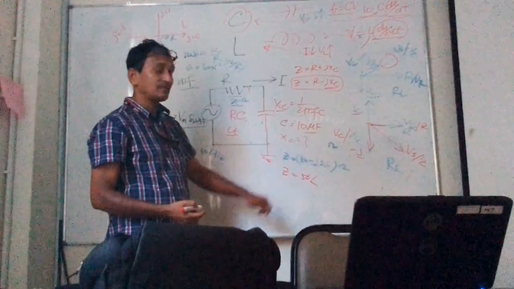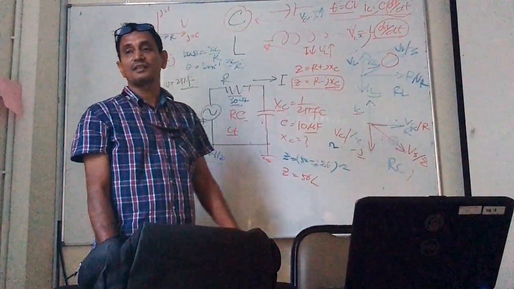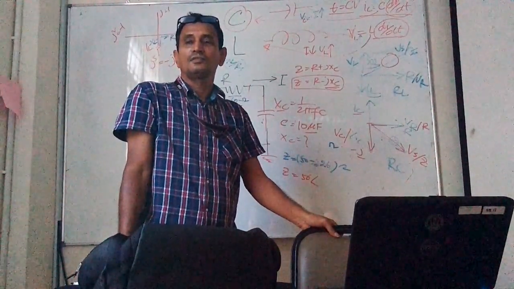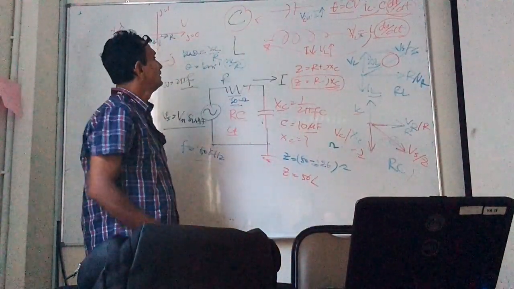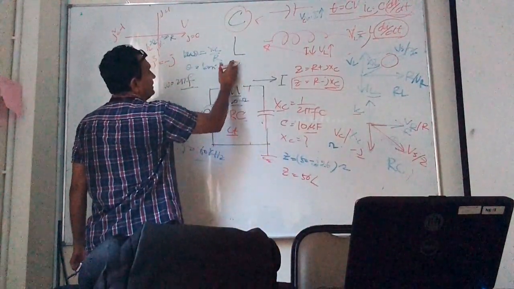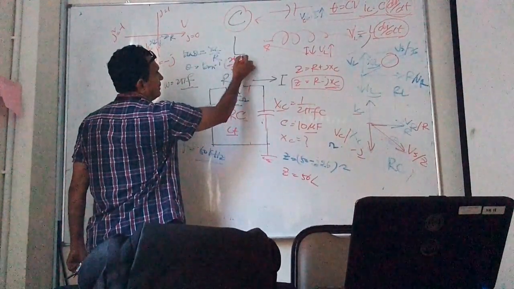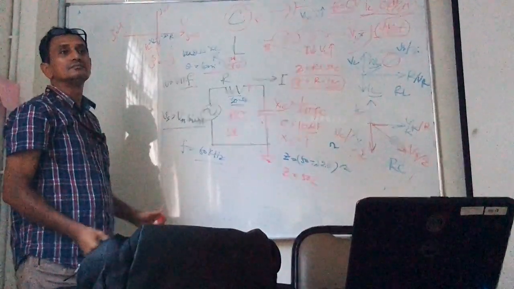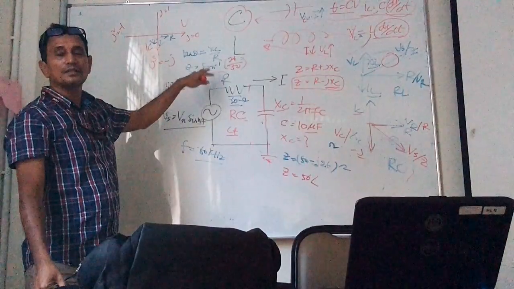So how much is that? 26 divided by 50, tan inverse. It should be around 45 degrees or 40 degrees or something. See that tan inverse, here should be 26, here should be 50. How much is it? 49, 48, 46, something like that.